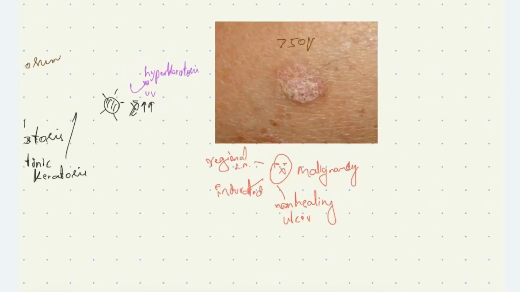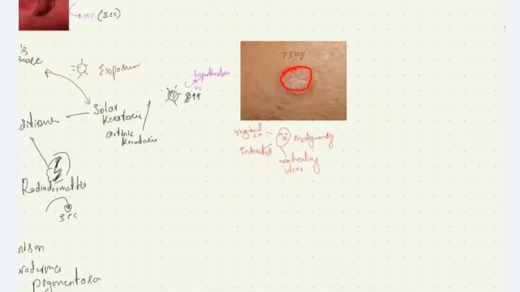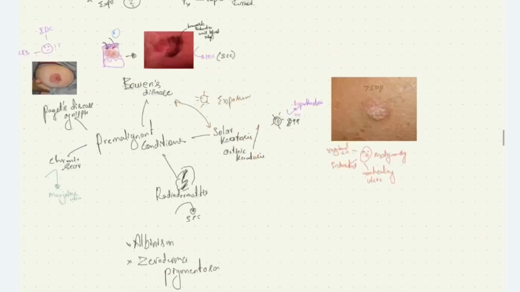If on top of these scaly lesions you see a non-healing ulcer, if you observe induration, or on clinical examination you see regional lymph node enlargement, then you should suspect malignancy in actinic keratosis. We discussed two conditions which are due to sun exposure: Bowen's disease and actinic keratosis.